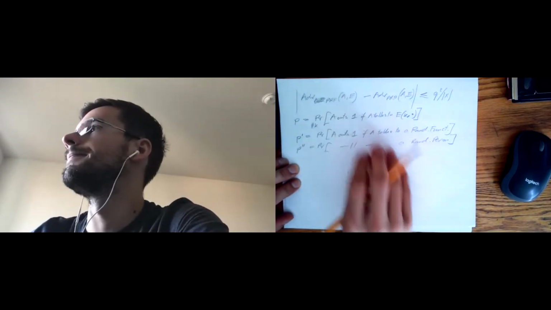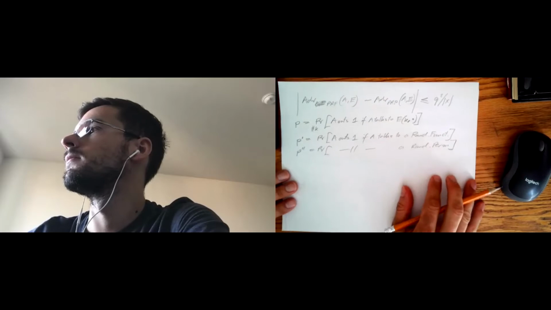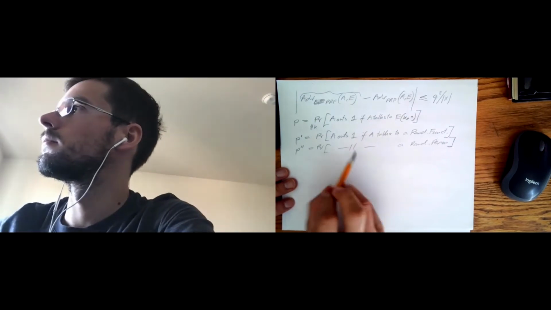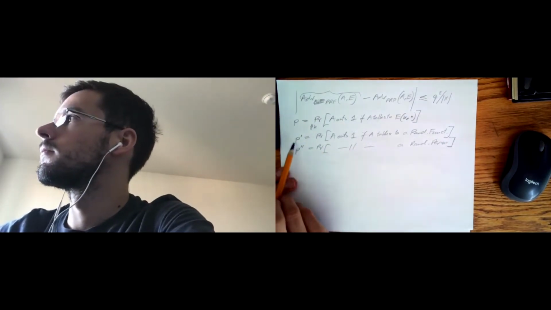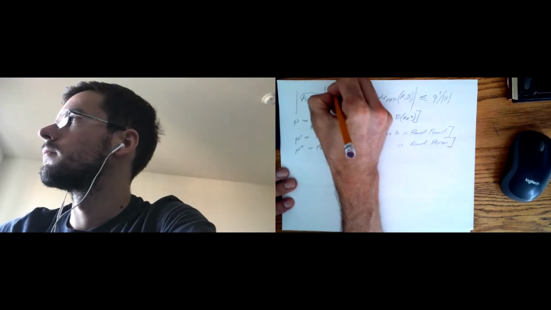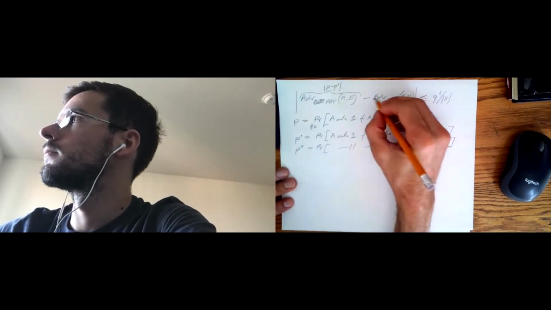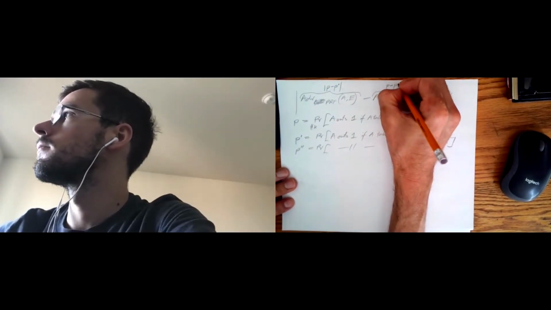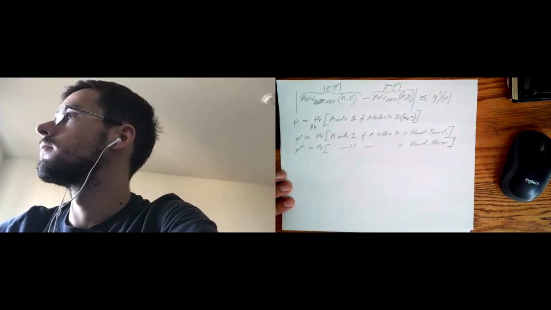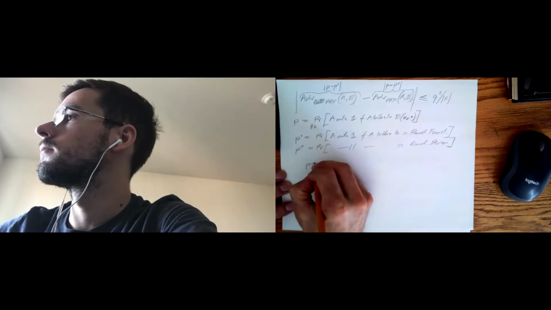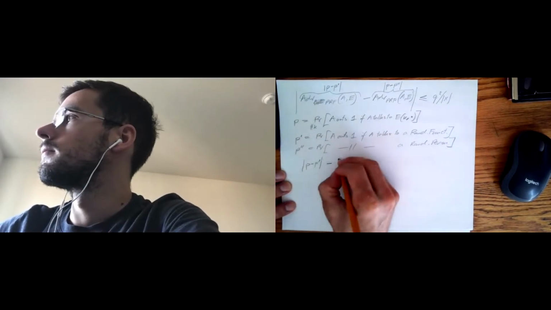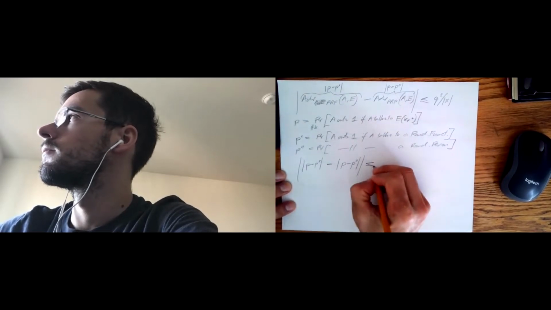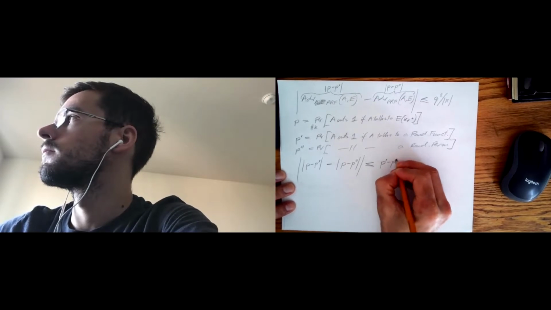So this quantity is p minus p prime. This quantity is p minus p double prime. And the difference between them is upper bounded by the difference between p prime and p double prime.